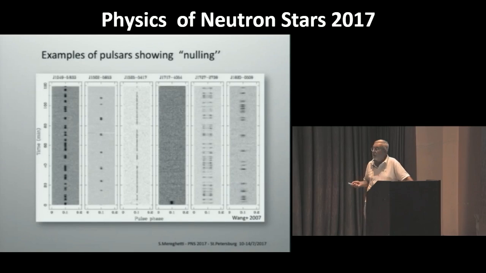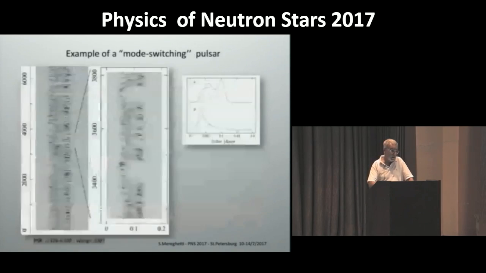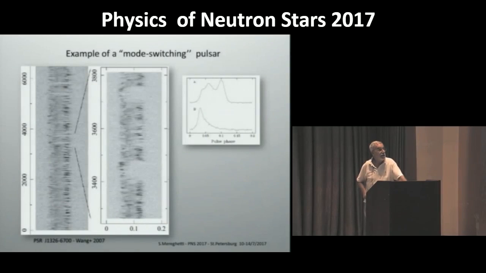They disappear for several periods. We have pulsars that show a so-called modal behavior in the radio band. They alternate between two or even more states in which their properties change.